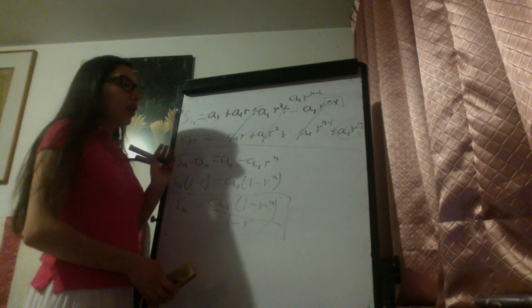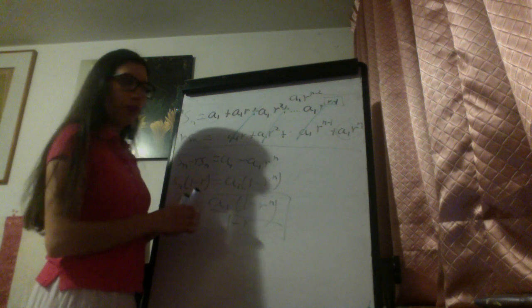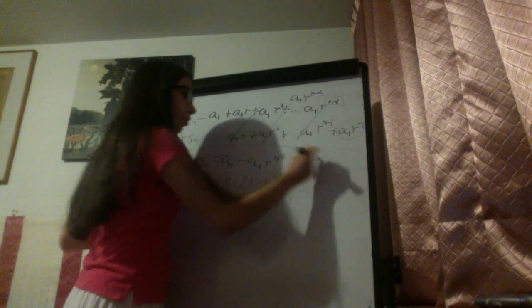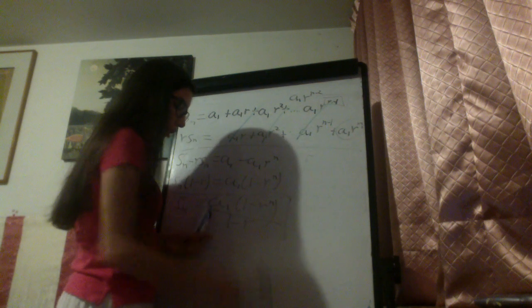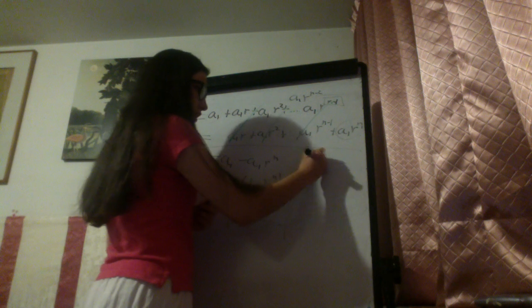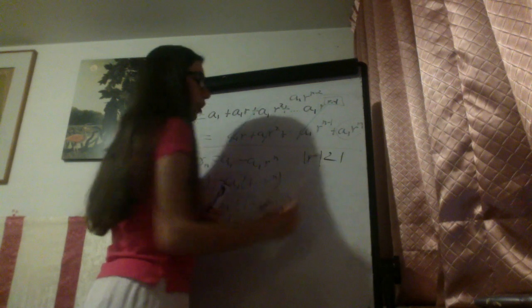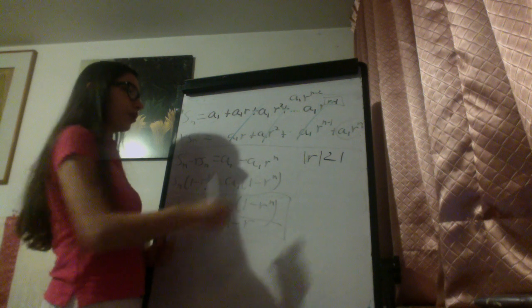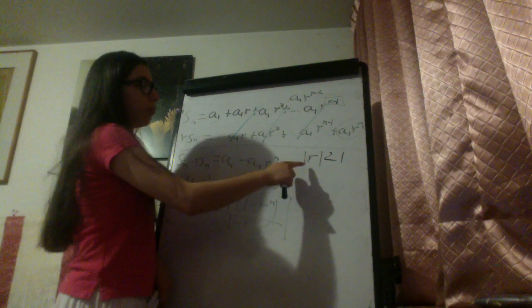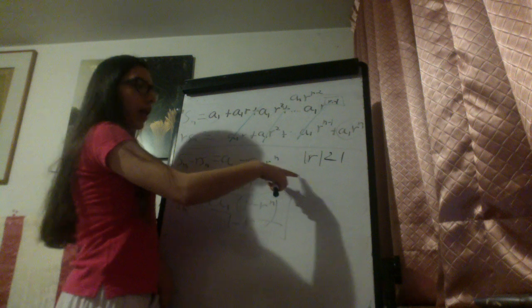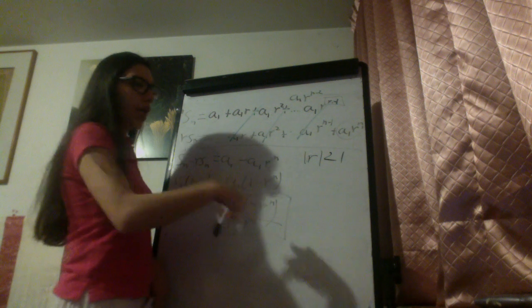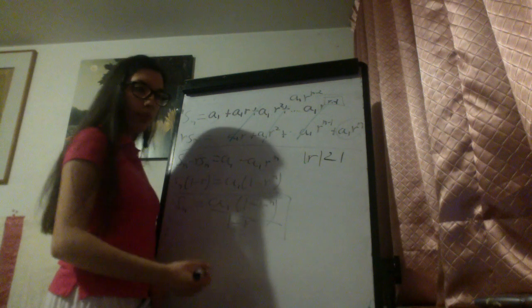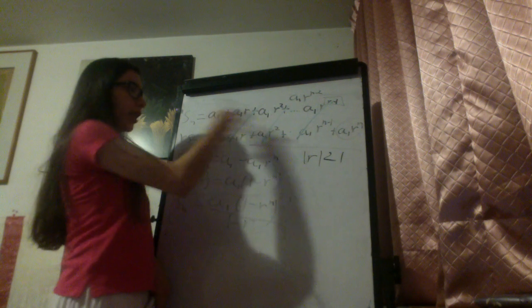Now the convergence of a geometric series: if the absolute value of the common ratio, that is of r, is less than 1, the series will converge. That is because if we are multiplying by, let's say, 0.5 or 0.75, each time that we multiply, we are going to end up with a number that is less than the previous.